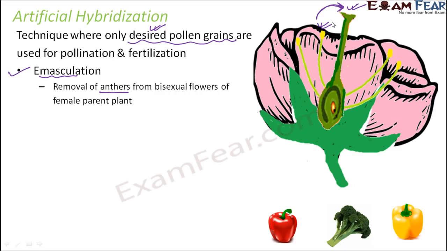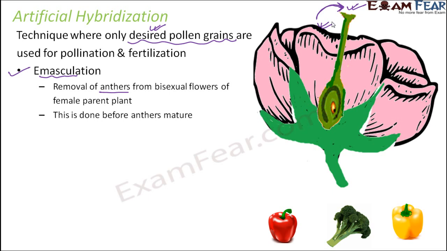But we want to rule out that possibility so that there is no self-pollination. We only want cross-pollination to take place. So for that, what do we do? We remove the anthers. Once you remove the anthers, this flower is no more bisexual. This is a unisexual flower because it only has the female reproductive part.